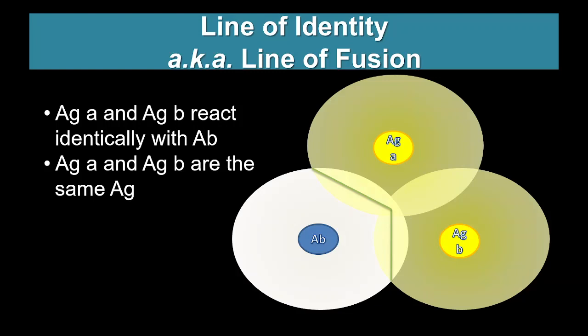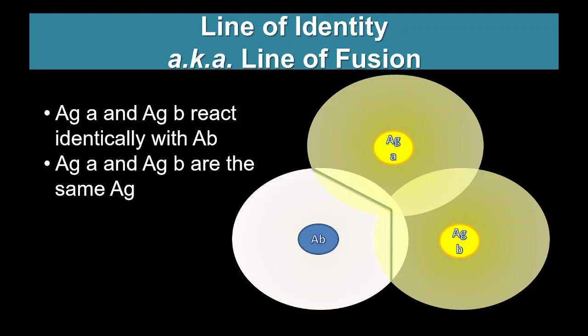We can see here that the two precipitin lines have joined together at one point. So we can assume that antigen A and antigen B react identically with the antibody. Since they have reacted identically with the same antibody, it means that antigen A and antigen B are the same antigen.